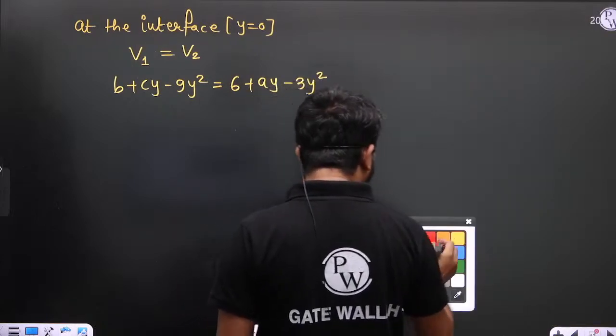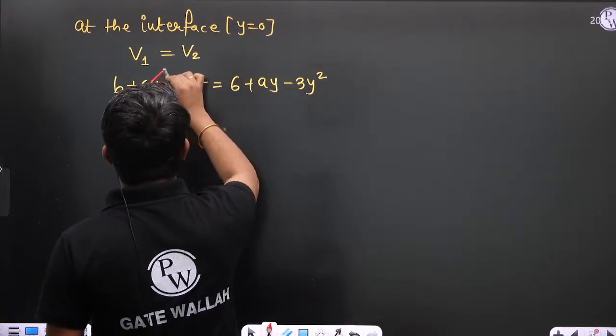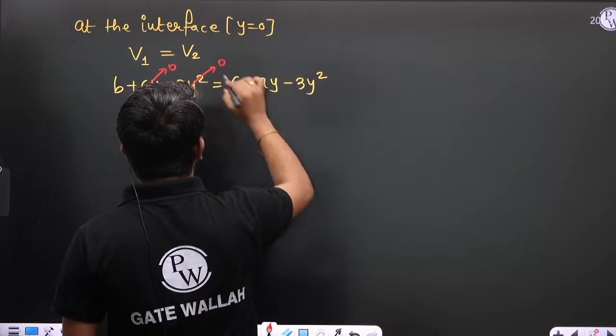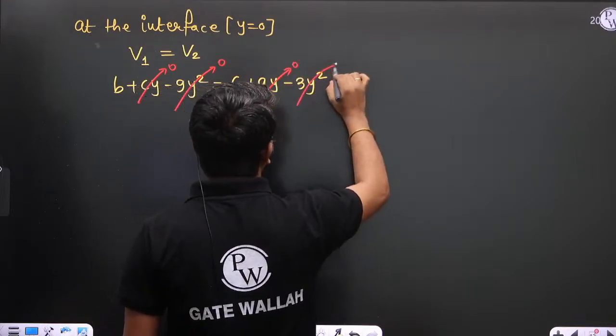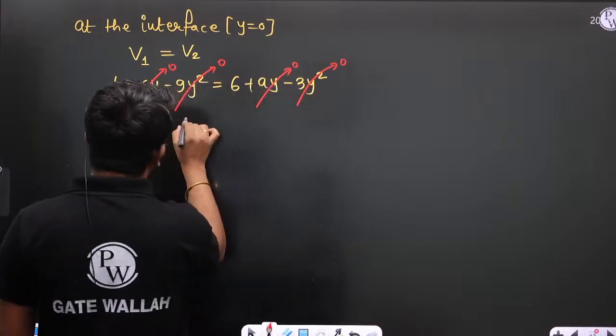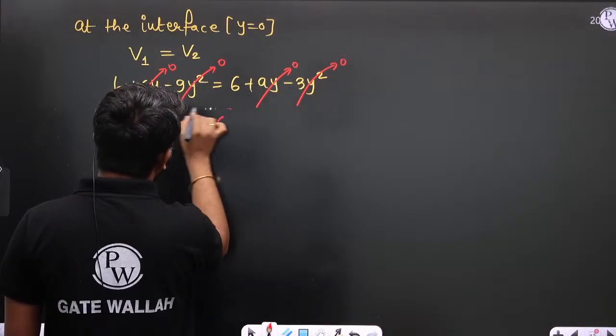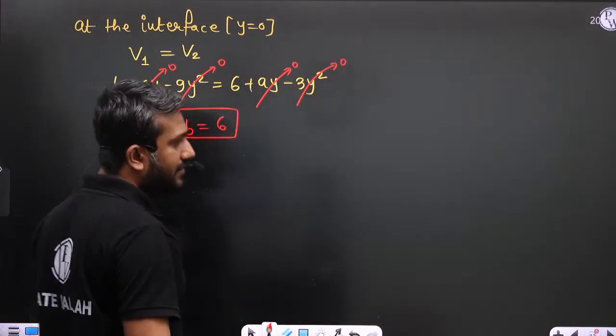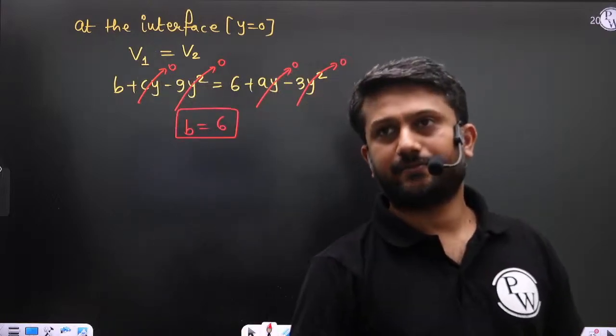Now at y is equal to 0, these terms are finished. So ultimately B is equal to 6.